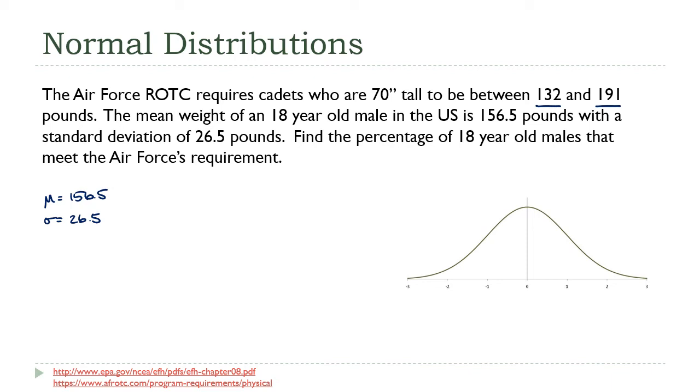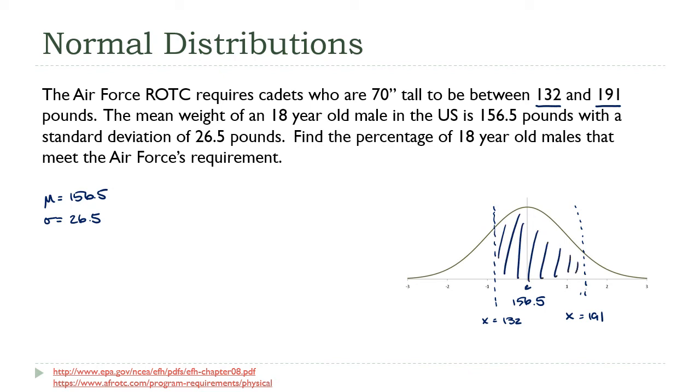All right, so again, let me go to my table. I'm going to put the mean here in the center, and I have 132 to the left of the mean. And I have 191 to the right of the mean. I want to know the area or the percentage in between here.